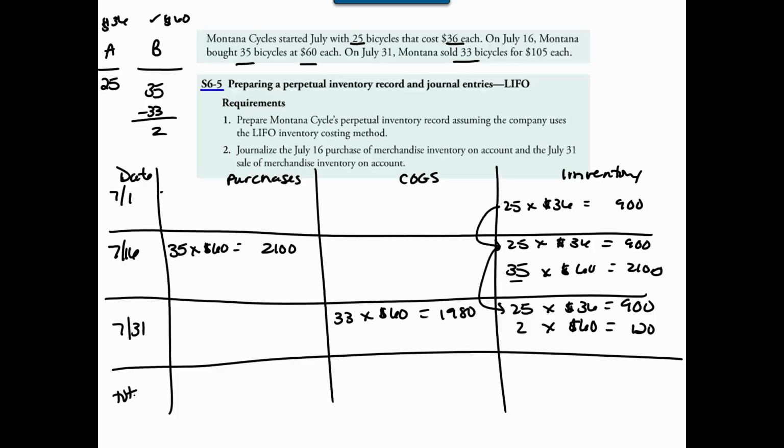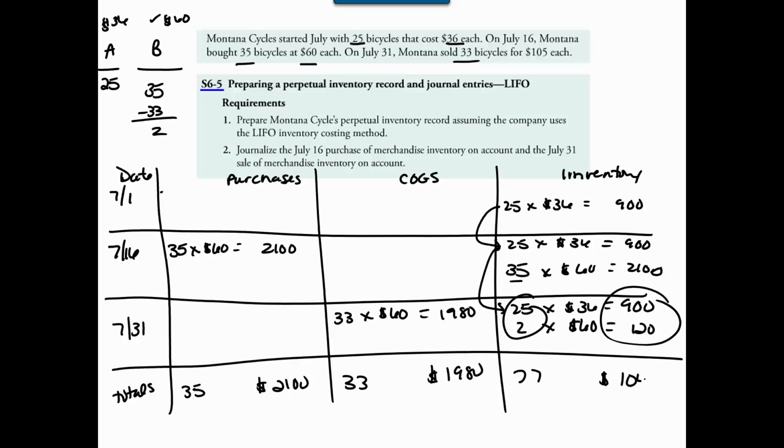And then the totals, 35 units, $2,100. That's the same. It's still 33 units, but now the cost of goods sold is $1,980. I still have 27 units left, but now the ending inventory is 1,020.